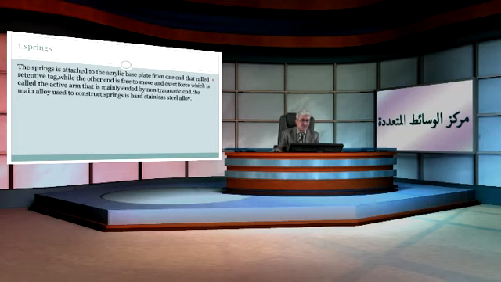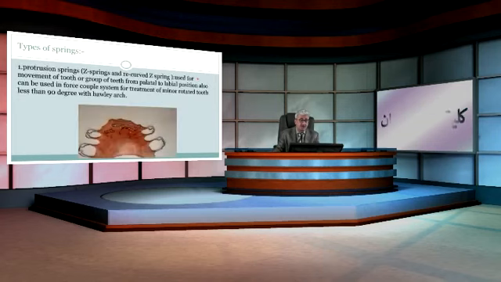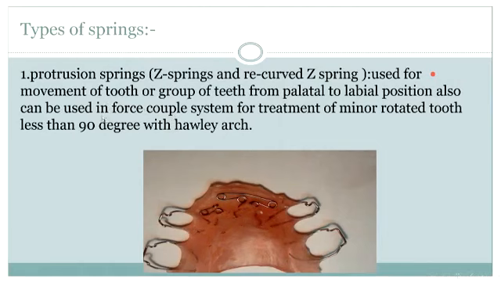Spring action is very important in the wire for the different types of spring. Here we discuss some types of spring, like the Z spring or recurve Z spring.